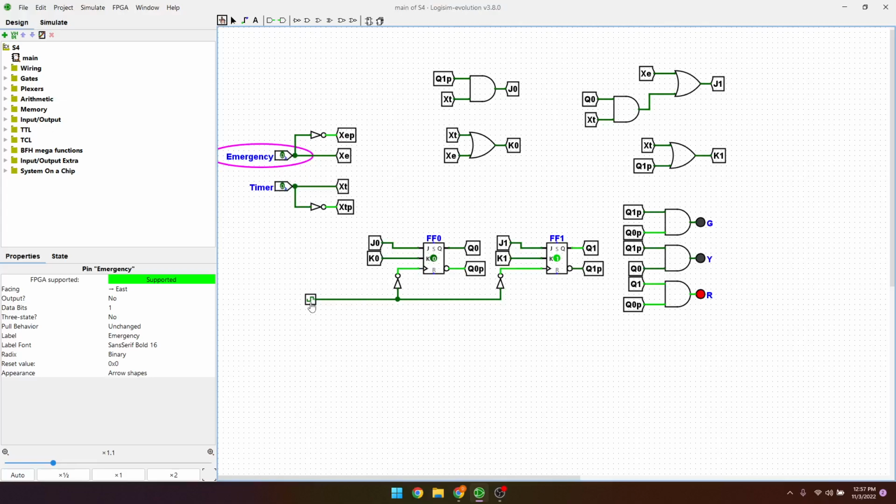So what's going to happen is that on every tick of the clock pulse, nothing is going to happen, because we saw in our next state diagram that if the timer and the emergency light are both 0, nothing happens to our circuit. But say that our timer is active now, well, then it's going to go to green. And it's going to keep going to the next light on every single clock pulse.